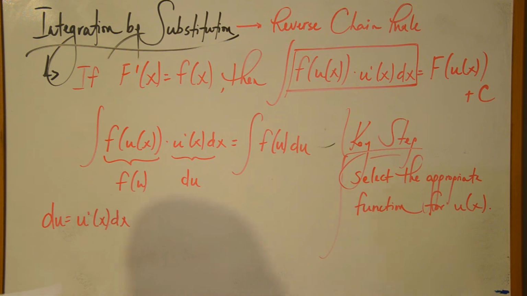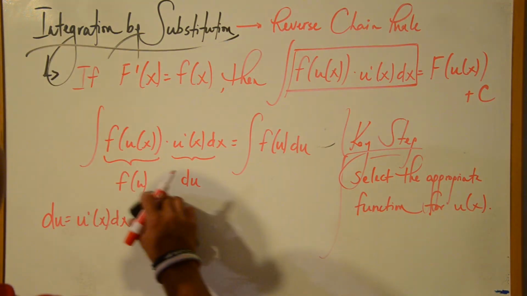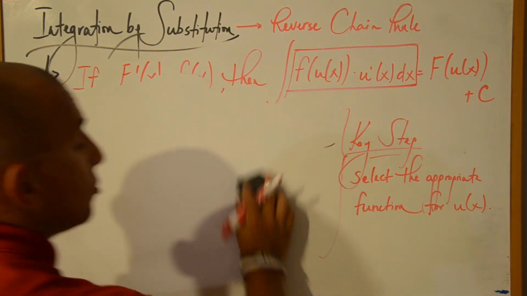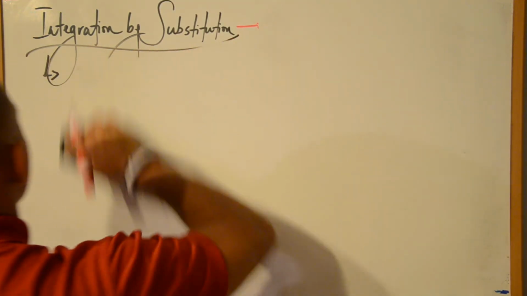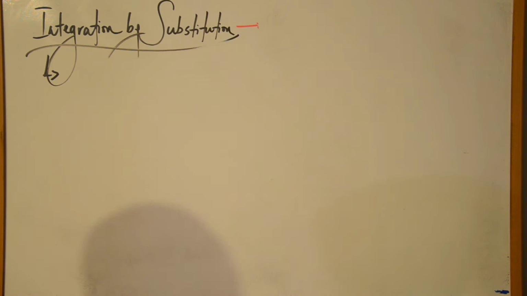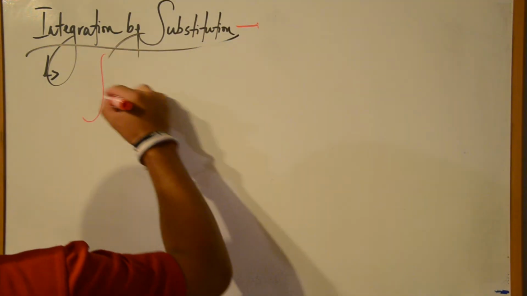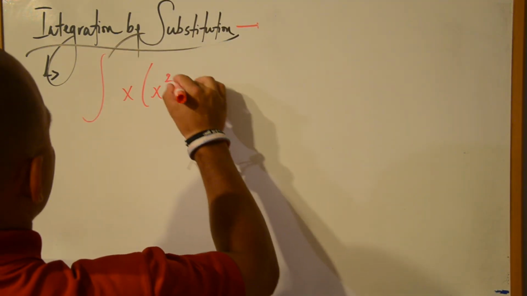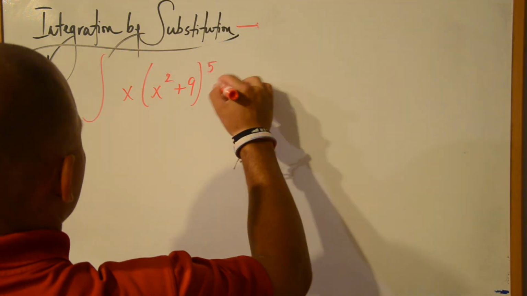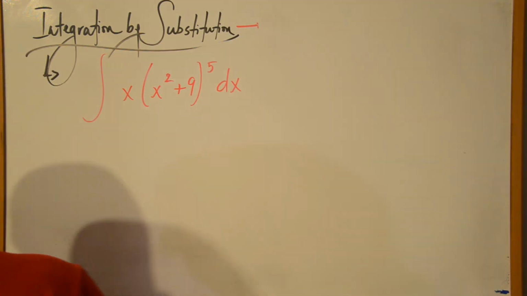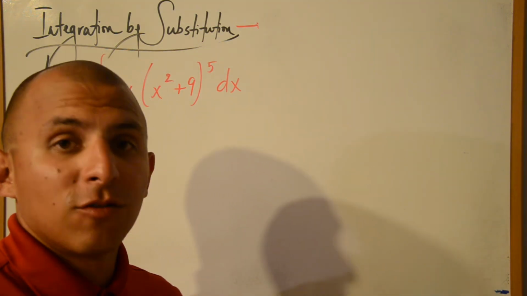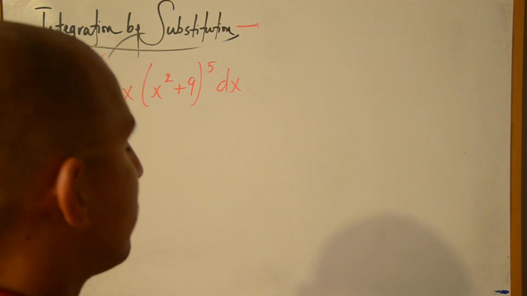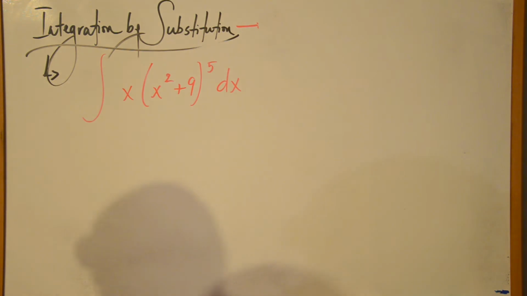But let's get away from all of this notation, and let's do what we do best, which is practice. So let's say I have this function. Well, yes, you could expand that to the 5th power and then reverse engineer the power rule for integration.